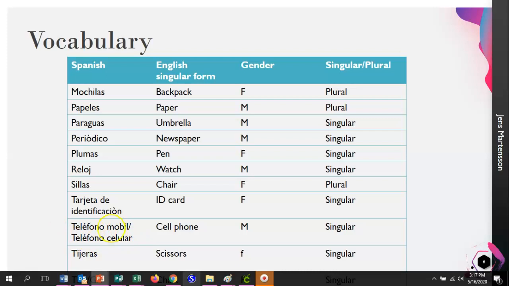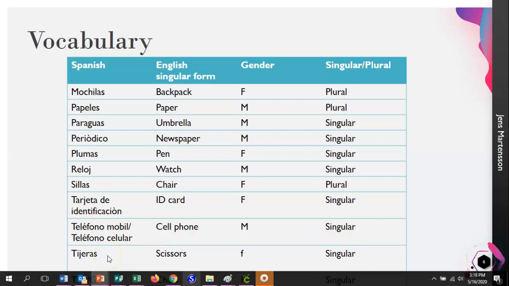In other regions of the country, you're probably going to hear teléfono móvil. You're actually going to know that this is singular by teléfono. The first word tells you teléfono. If it would have said teléfonos, it would have been plural. So therefore, because it has no S, it is singular.